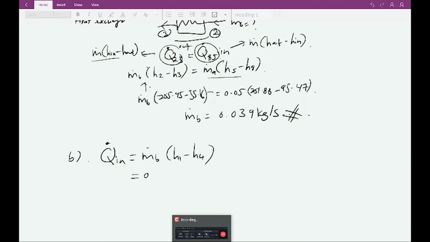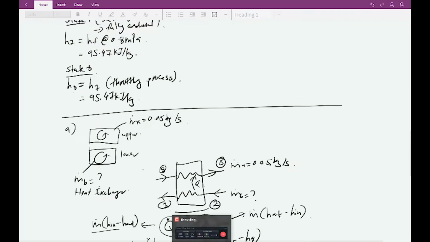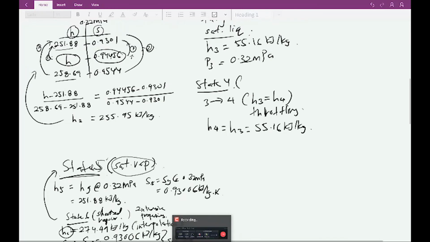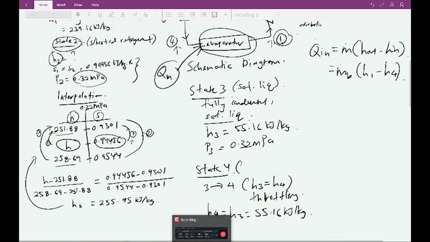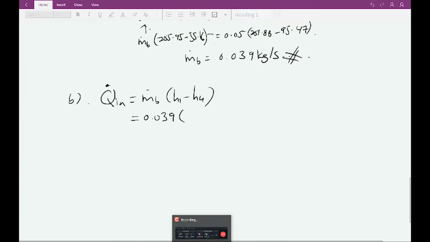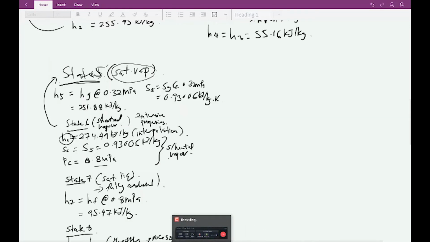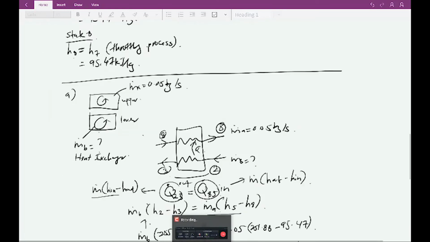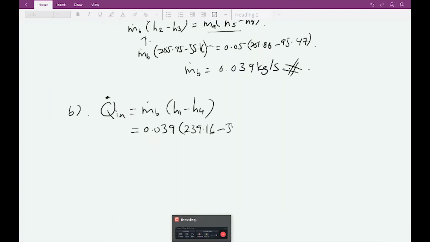What is your m dot B? 0.039. H1 is 239.16. H4 is 55.16. So you got the value to be 7.18 kilowatt.